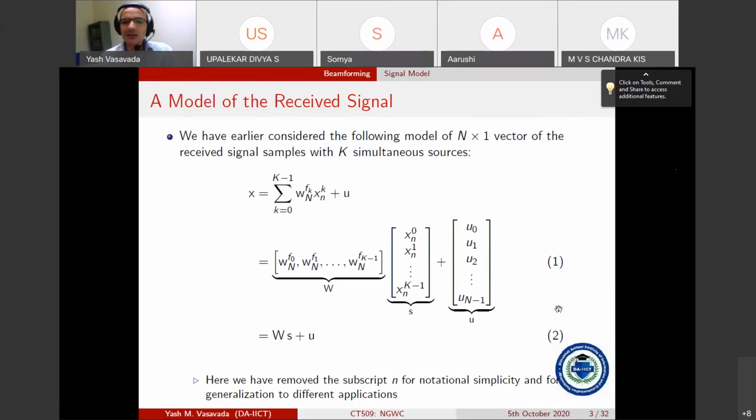See, actually, what Kishan said first is the right answer. This x0 can take 4 possibilities, right? Because it's QPSK. And x1 can also take 4 possibilities because it is QPSK of the second user.